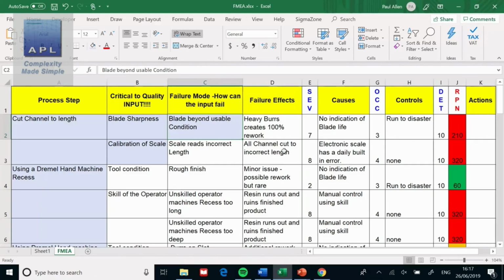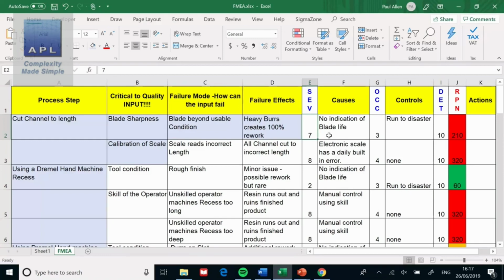What will happen? The failure effect. Well, now we get heavy burrs and 100% reject rate. I've given that a severity rating of 7. Now, something that's really important at this point, the severity rating, have a clear scale. I don't have a scale here that I'm referring to for why I've picked 7, but you should write down your language, your definition for your company, so your engineers can easily choose that.